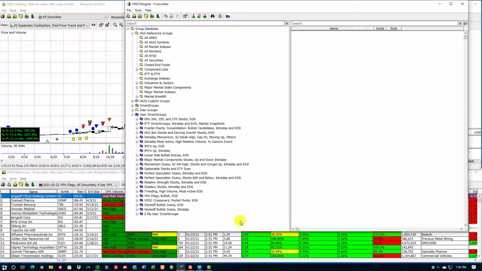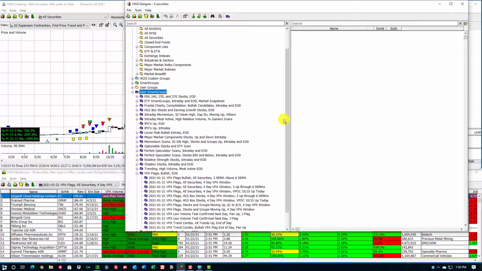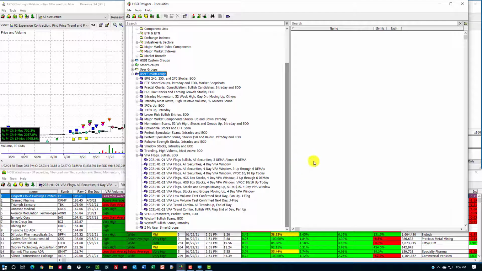Well, I shouldn't say that. I like a lot of them, but like I said, I'm looking for something that makes it easy for us to find potential trades, and I wanted to incorporate volume price analysis along with a traditional crossover.